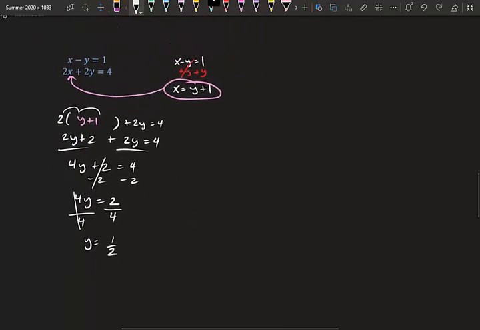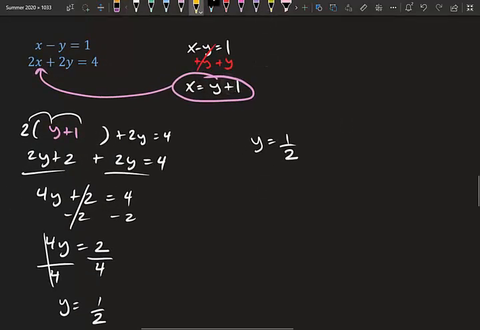So that's what y is. Y equals 1/2. Now we need to plug it in to a given equation. Now if we look at the given equations, x minus y equals 1 and 2x plus 2y equals 4, I'm going to plug it into the bottom one. It looks harder, but with fractions, you see how we have a 2 and a 2?